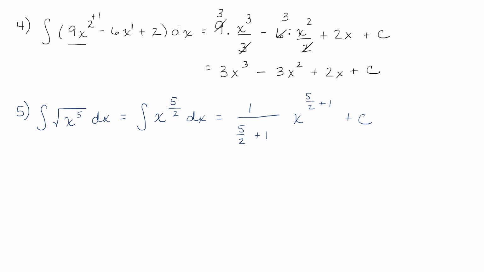I'm going to let you figure all that out on your own, because we just did that compound fraction a minute ago, but our final answer will come to 2 over 7 x to the 7 over 2 plus c.